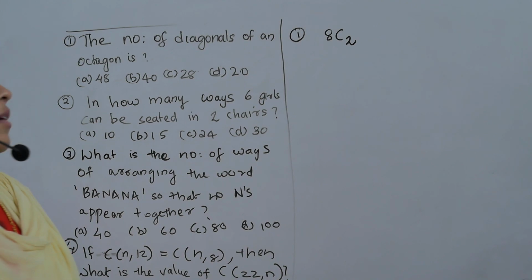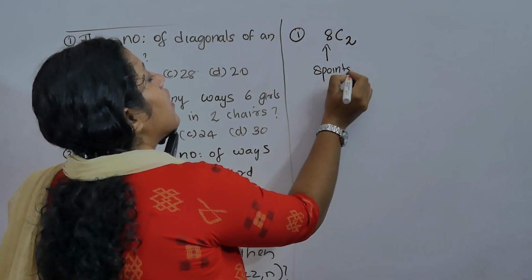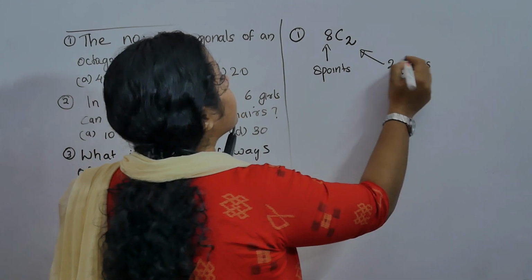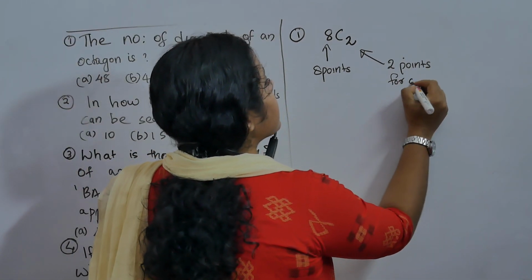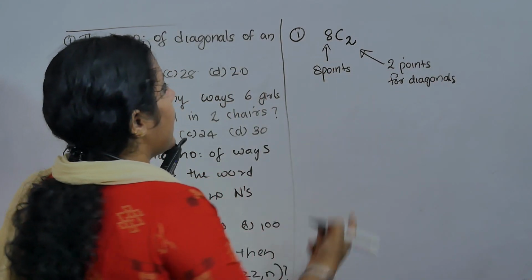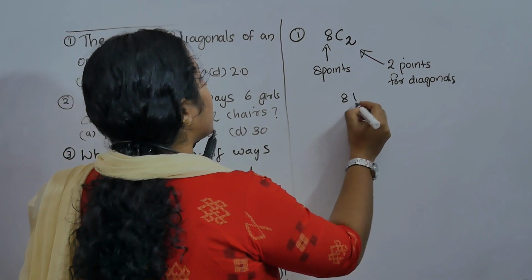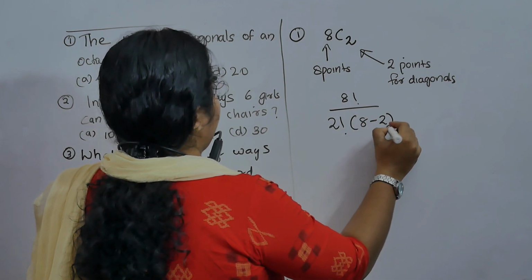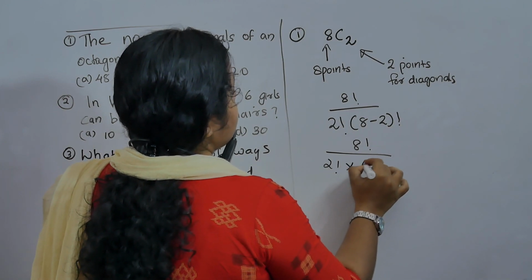Understood? Because there are 8 points, and from these, 2 points are needed for drawing diagonals. So we can write 8C2. Now 8C2 means 8 factorial by 2 factorial into 8 minus 2 factorial, that is 8 factorial by 2 factorial into 6 factorial.